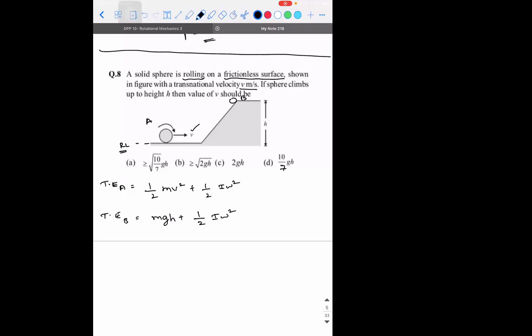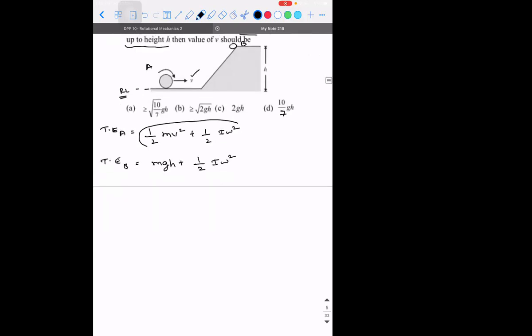Why didn't I put translational velocity here? Because when they told us the sphere climbs up to height h, what can I say about its translational motion? It would have come to instantaneous rest, but the object would still be rotating.